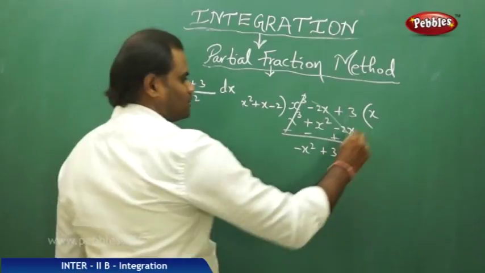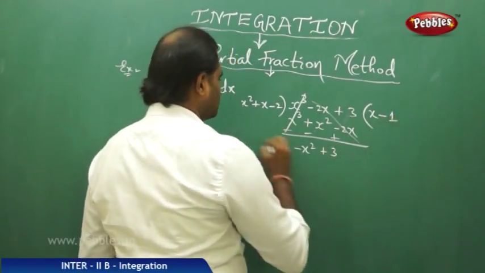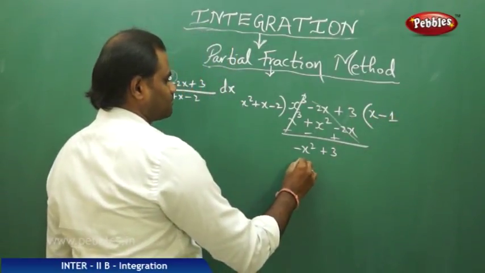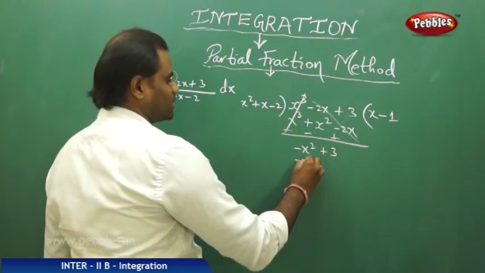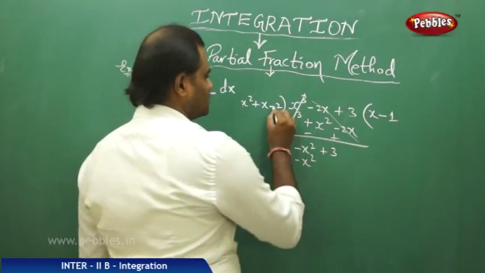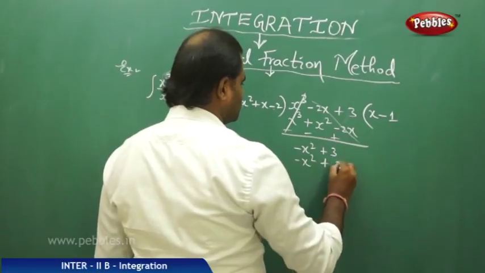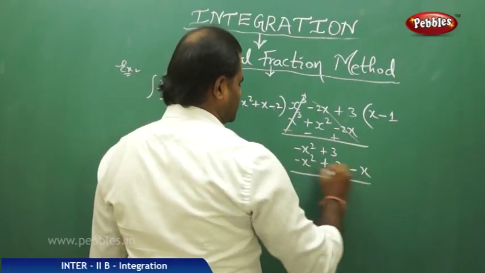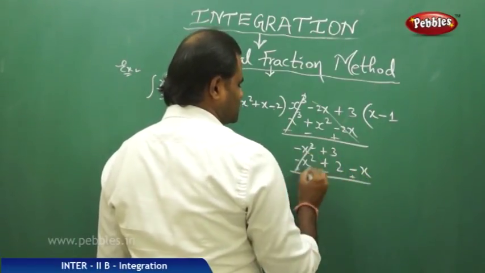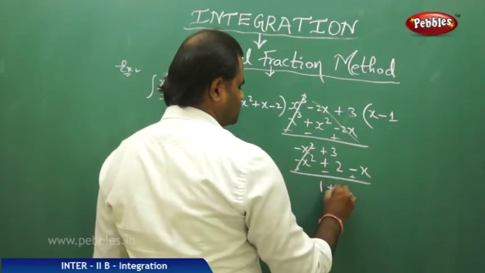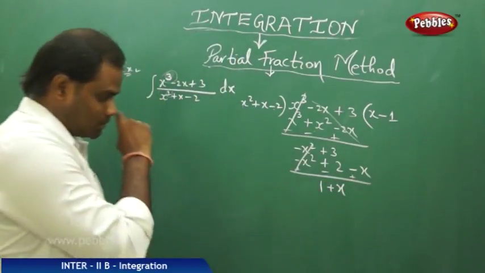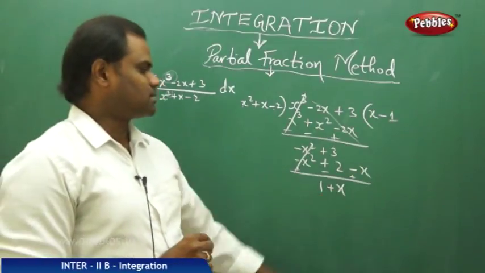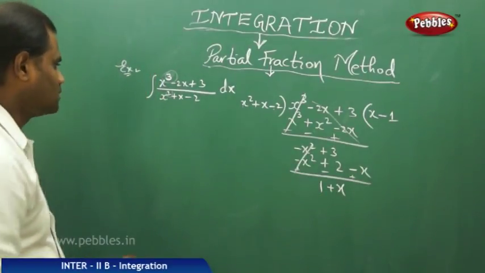But again, this can be reduced with minus 1, which gives me x square minus 2 minus 1, which is plus 2 minus x, plus minus plus, and that is how we get 1 plus x. And let's see how this reduces.